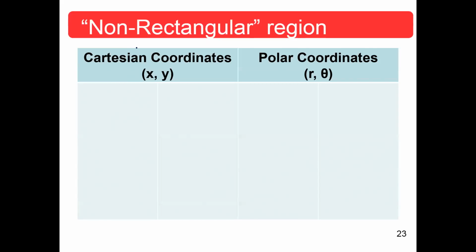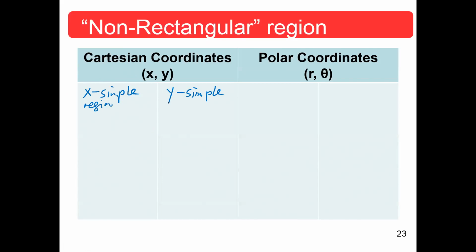So let's recall the non-rectangular region in Cartesian that we talked about in the last section. In Cartesian coordinates, we have non-rectangular regions. Basically, they could be further classified as two groups. One is called X simple region, one is called Y simple region, right?